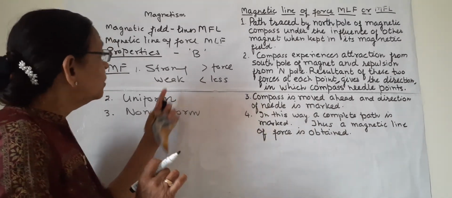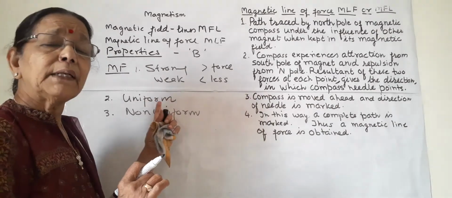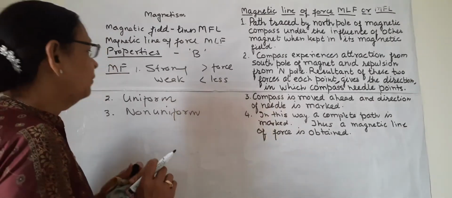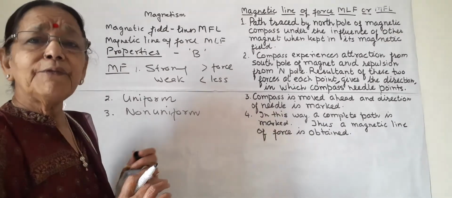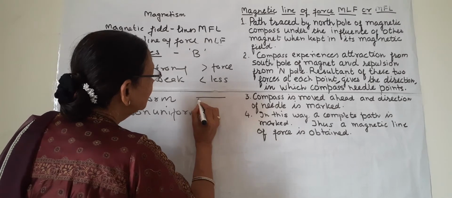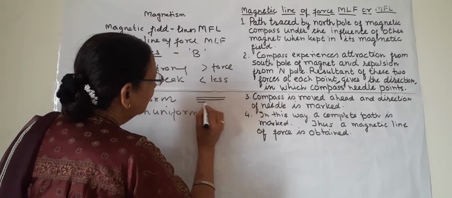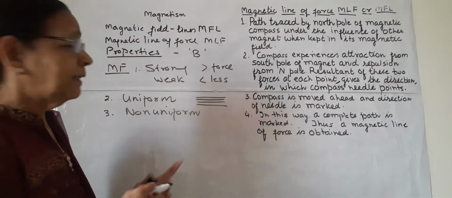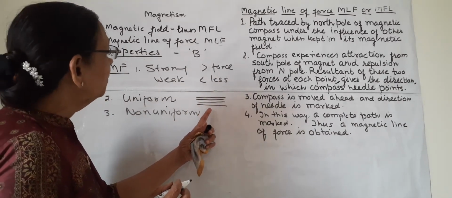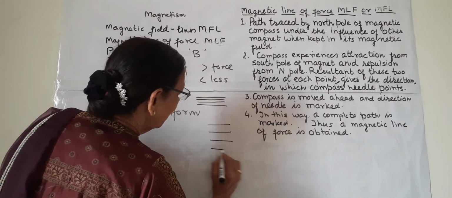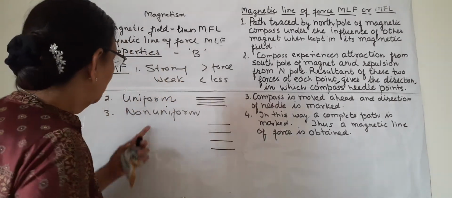And if the force which is given by the magnetic field is not the same at all the points, then it is non-uniform. And again, magnetic field lines show this property. Uniform means if they are parallel to each other, then they are uniform lines. This is uniform strong. If it is like this, it is uniform weak.